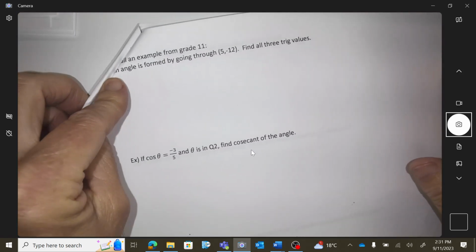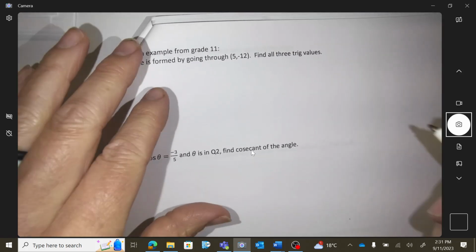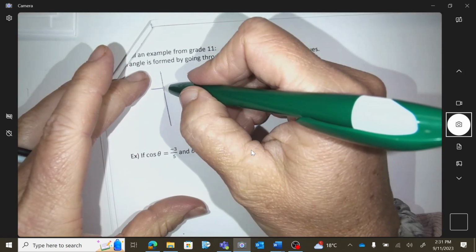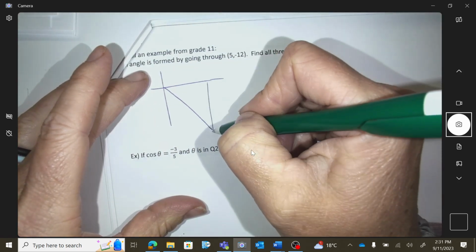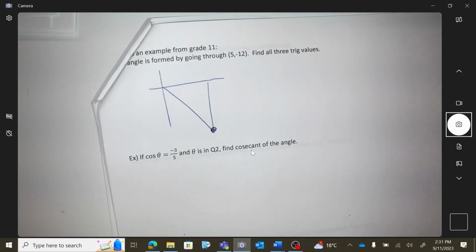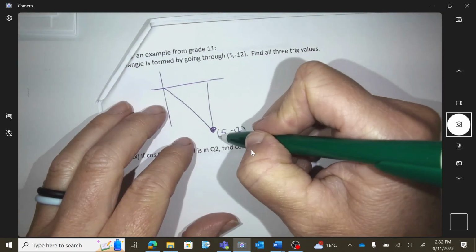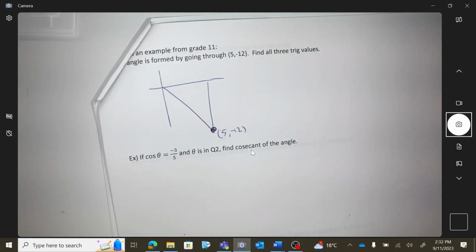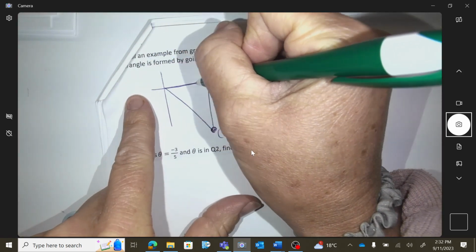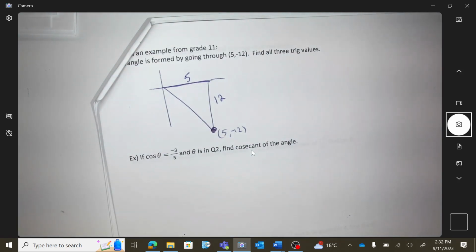Okay, question 1 is one I picked from your grade 11 booklet. A coordinate goes through 5, -12. So do you understand I would be in quadrant 4? Because this would be 5, -12, right? You would land there. So on this side would be 5 long, and this side would be 12 long. Can you figure out r for me?